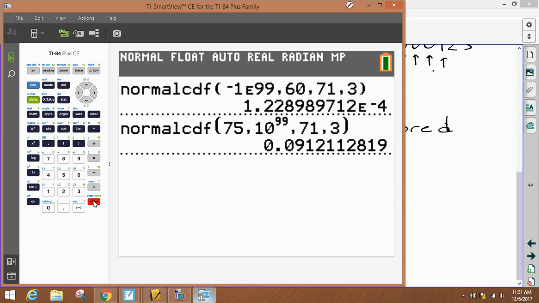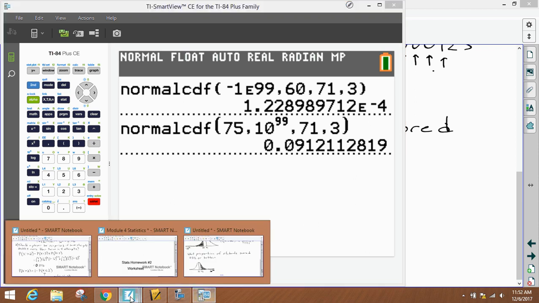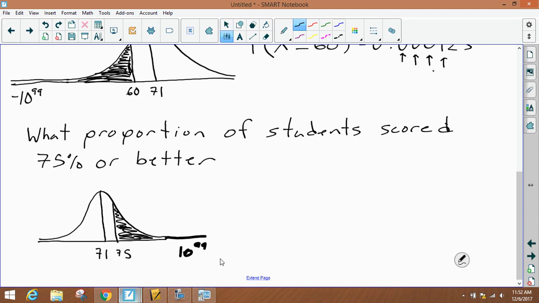All right. So our answer to that is about 0.091. So you could write it in this way: the probability that x is greater than or equal to 75 is approximately 0.091.